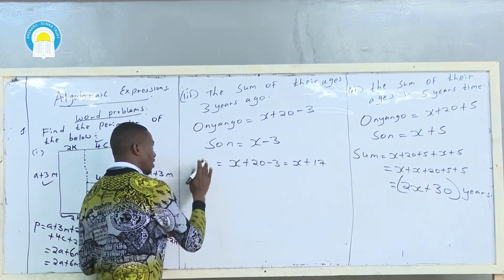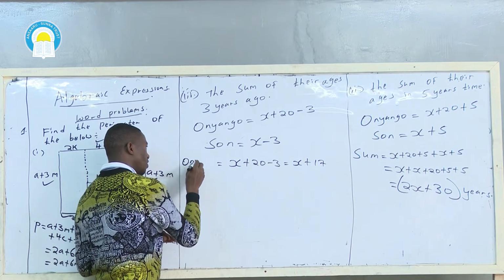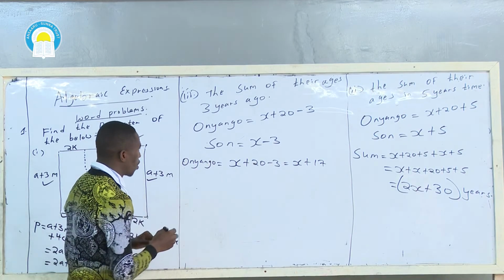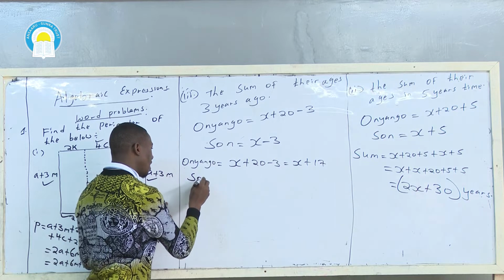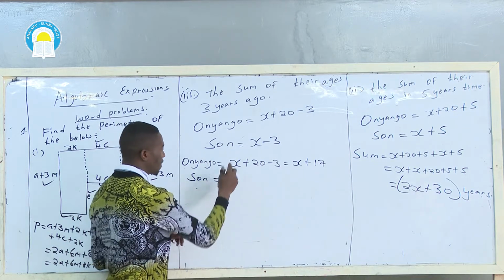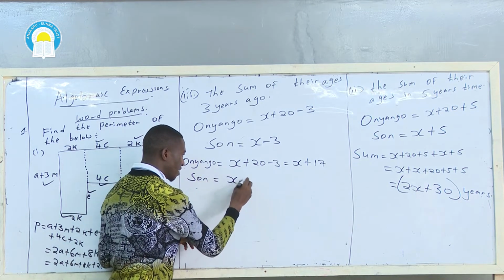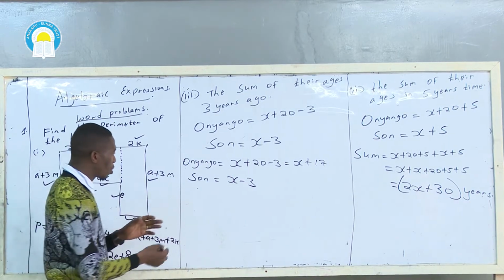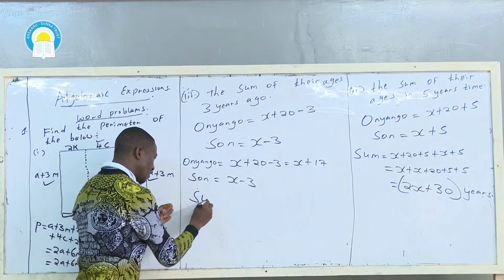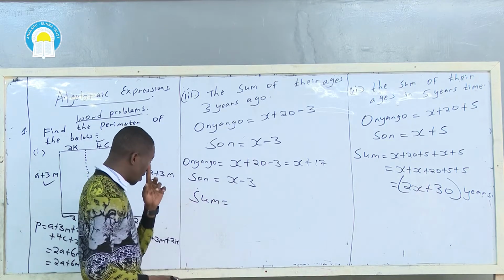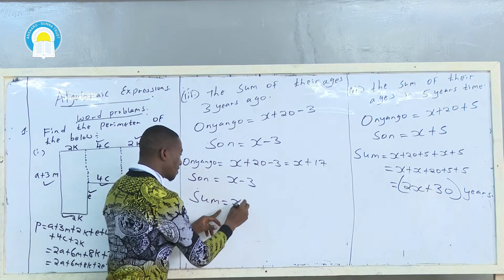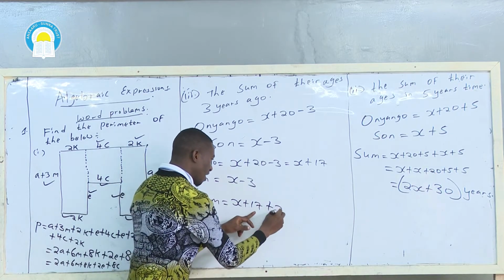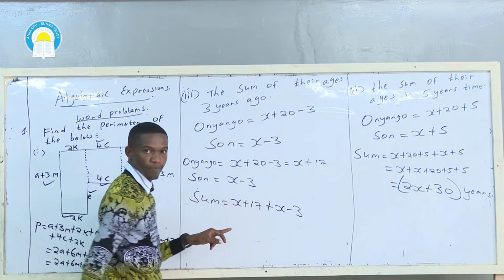Let me write Onyango. That is Onyango's age 3 years ago. When you come to the Sun's age 3 years ago, as you can see here, is X minus 3. Therefore, the sum of their ages 3 years ago will be X plus 17, that is Mr. Onyango, plus X minus 3.